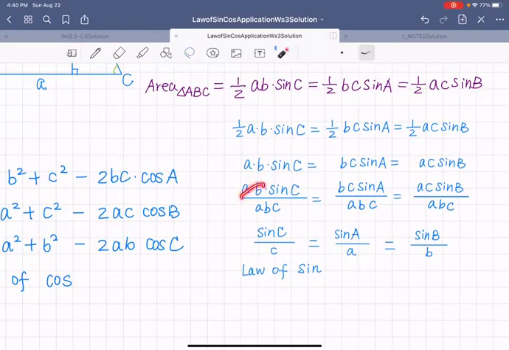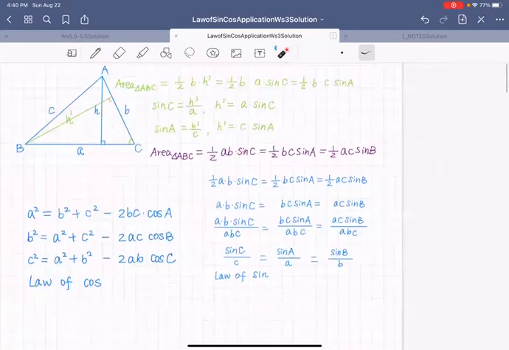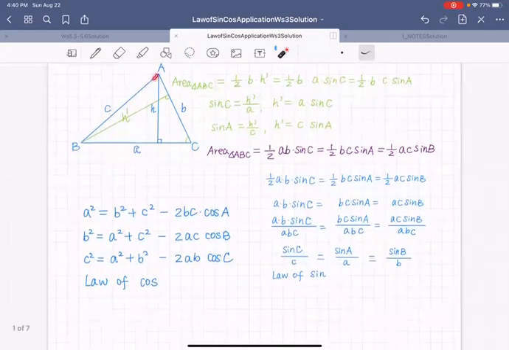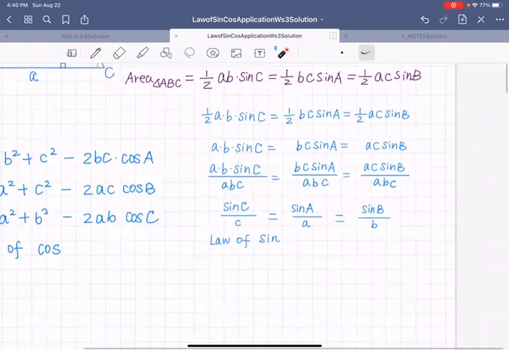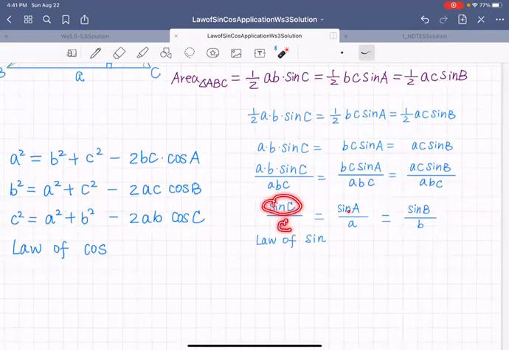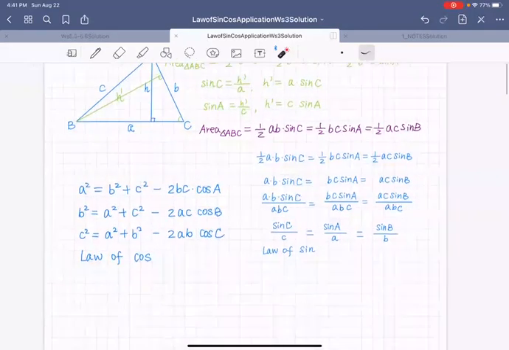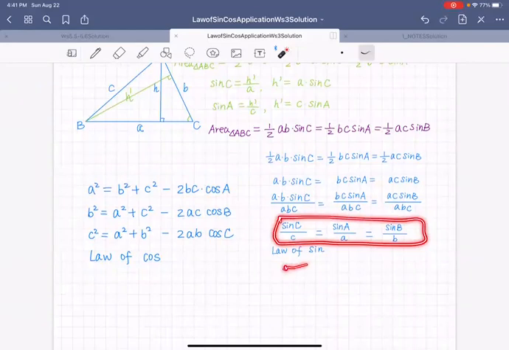So now AB and AB cancel, BC and BC cancel, and AC and AC cancel. So we are left with sine C over lowercase c. Lowercase c stands for the length of this side. Uppercase C stands for this angle. Sine C over lowercase c equals sine uppercase A over lowercase a equals sine uppercase B over lowercase b, okay? So this is called the law of sine.